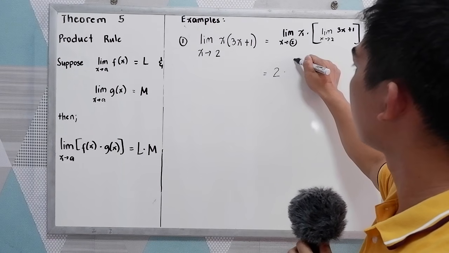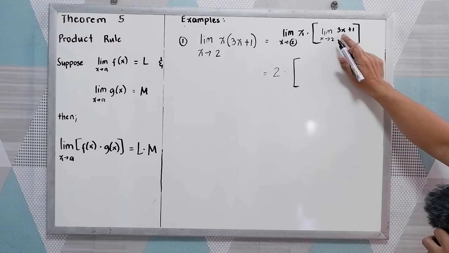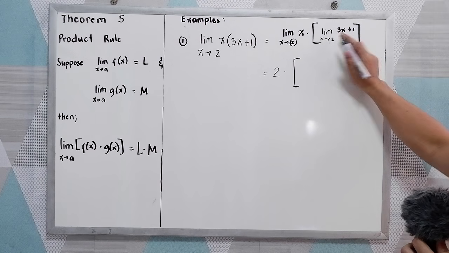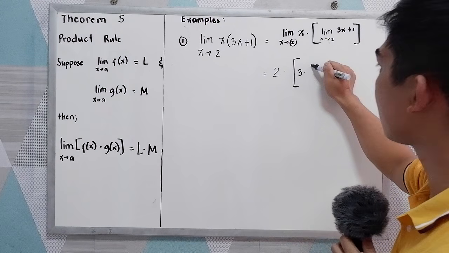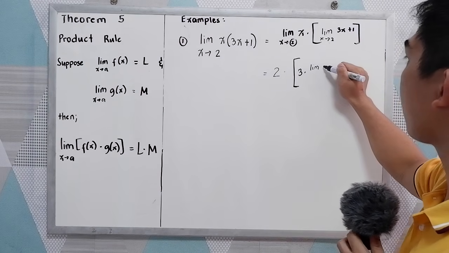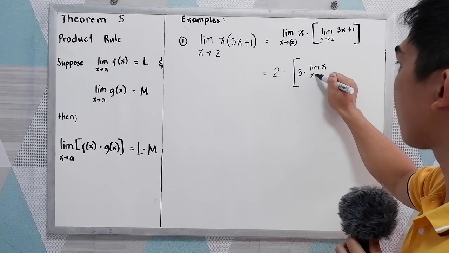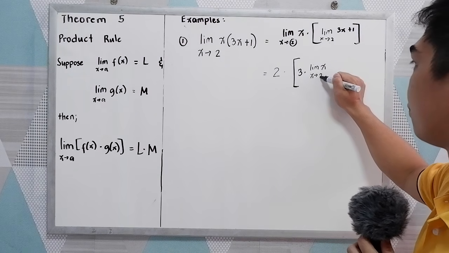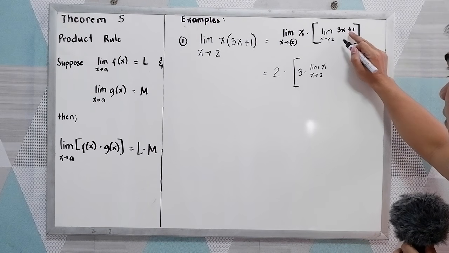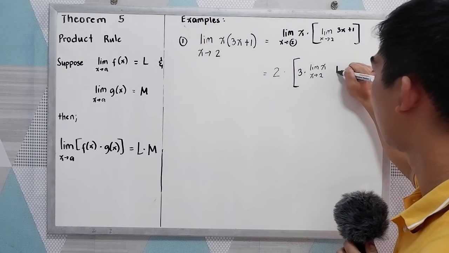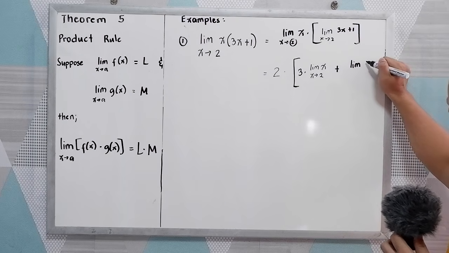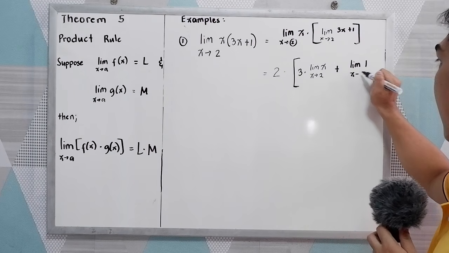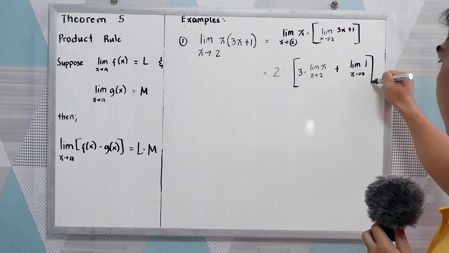times, in this case we need to apply property number 4, get the constant, that is 3 times the limit of x as x approaches 2, plus the limit of 1 as x approaches 2.